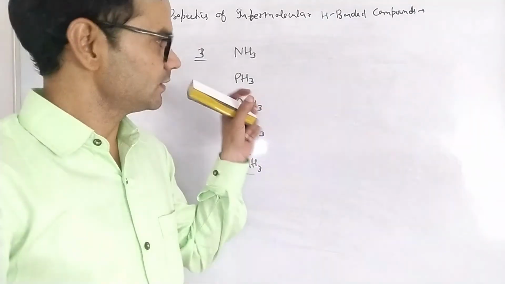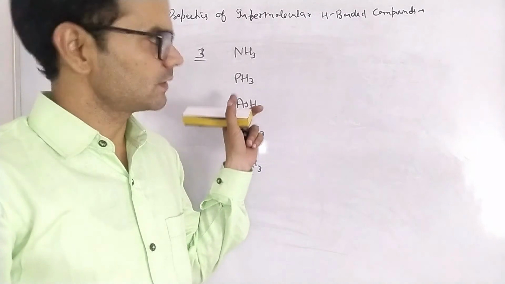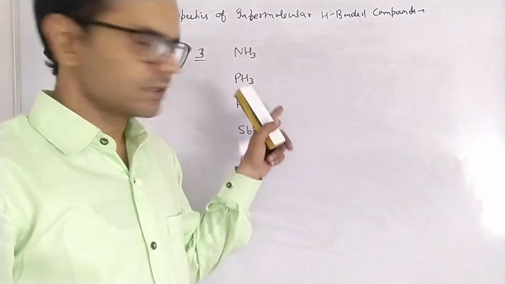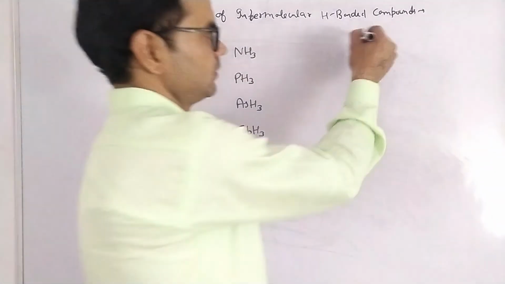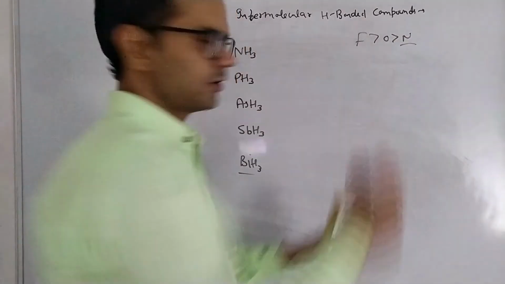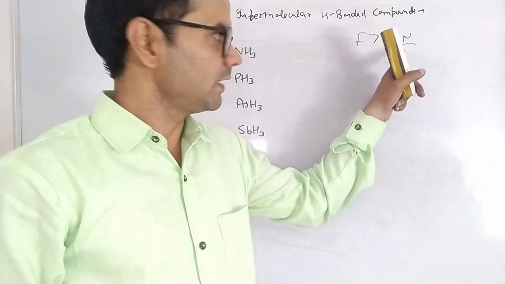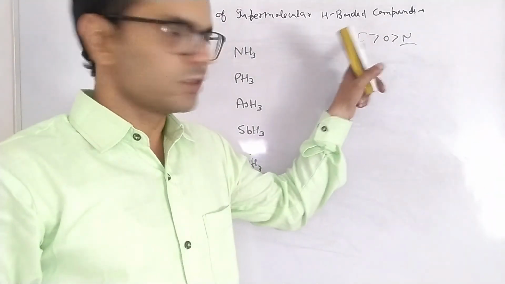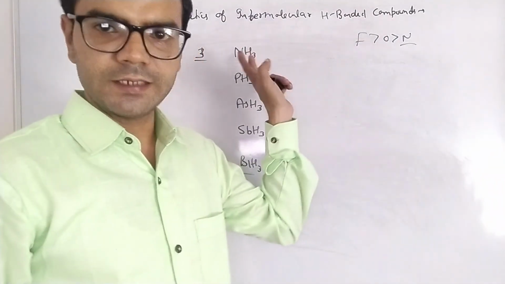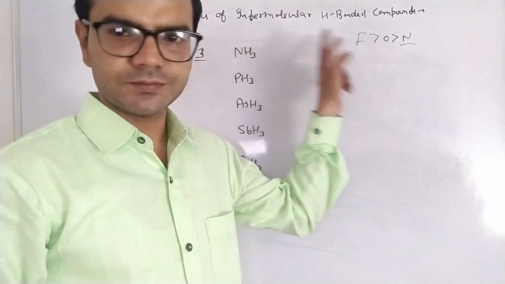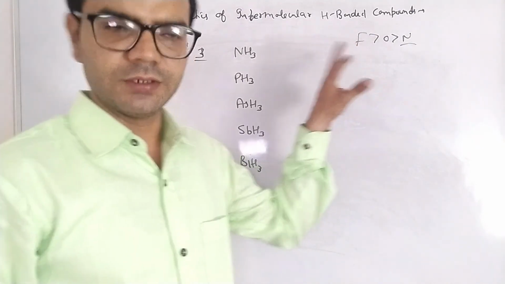Now it is slightly different from hydrides of group number 17 and group number 16. Nitrogen forms hydrogen bond also, but electronegativity of nitrogen is less than oxygen, less than fluorine. So among these three, the hydrogen bond is weak for nitrogen. Nitrogen forms a weak type of hydrogen bond.